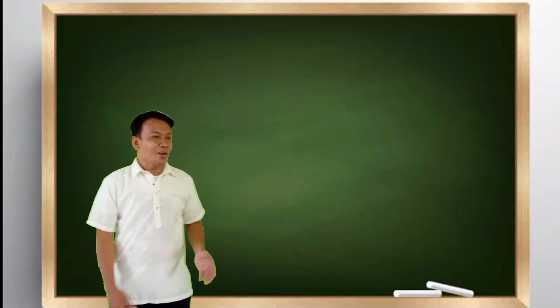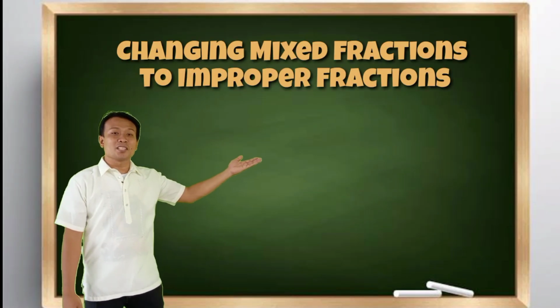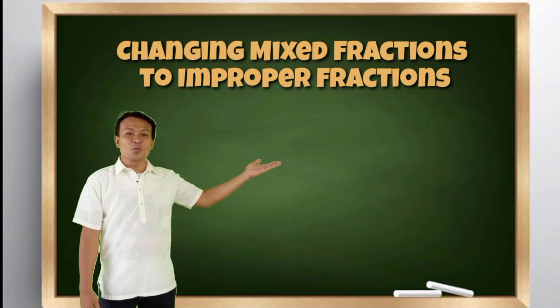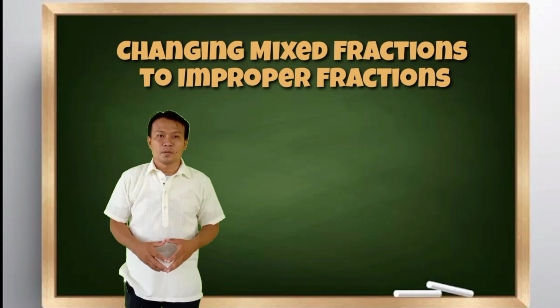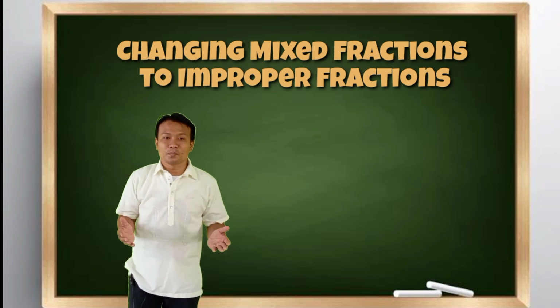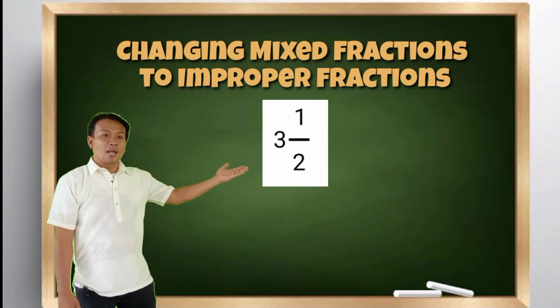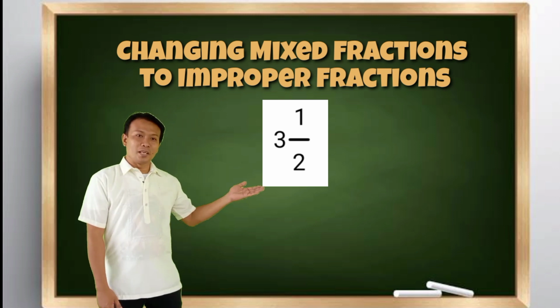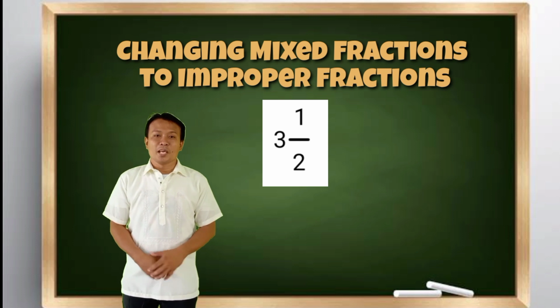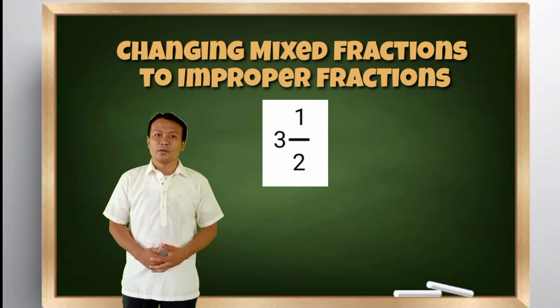This time, allow me to present to you the process of changing mixed fractions to improper fractions. For example, change the mixed fraction 3 and 1/2 to improper fraction. To transform this, simply multiply the denominator 2 to the whole number 3.